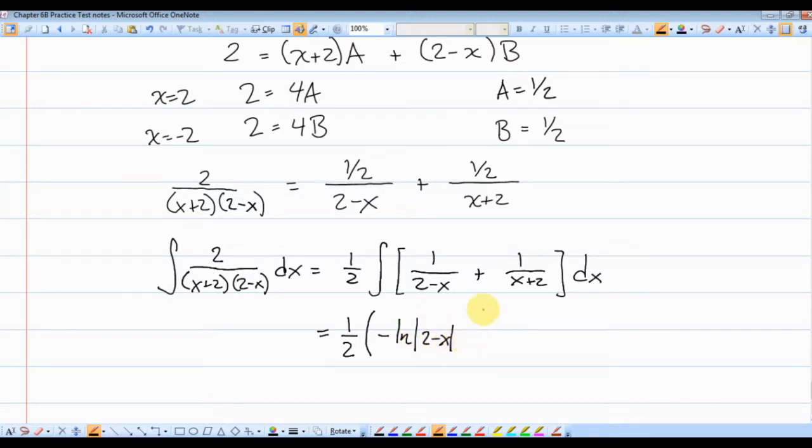Once again, u is 2 minus x, so du is negative dx. Plus, that's just the natural log of x plus 2, right? Plus constant.